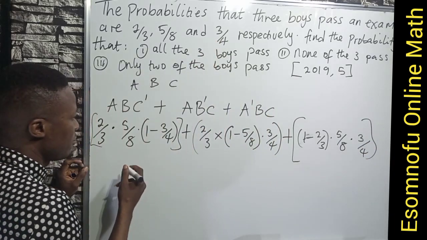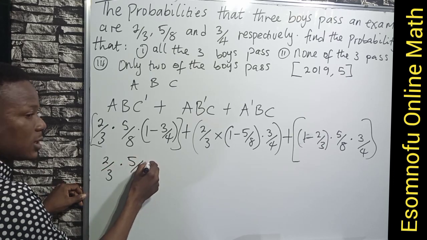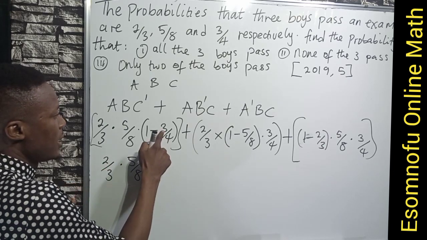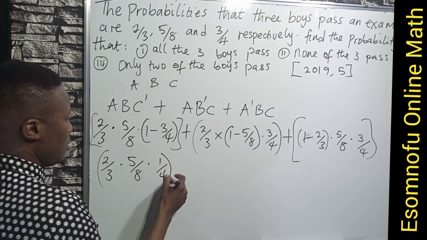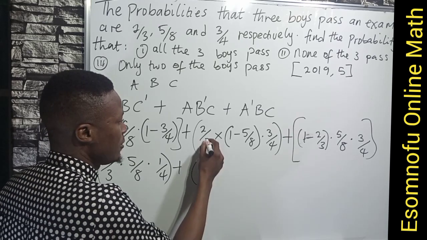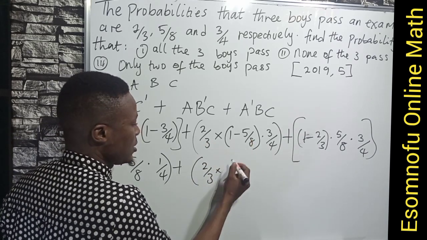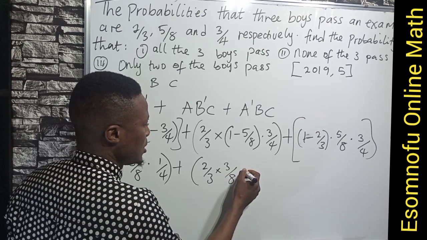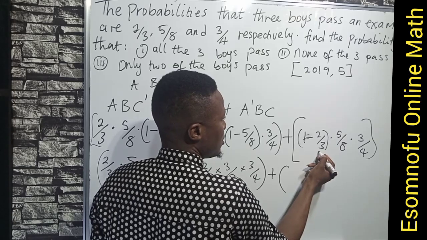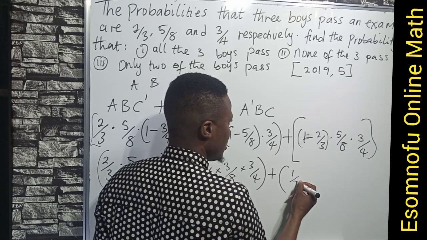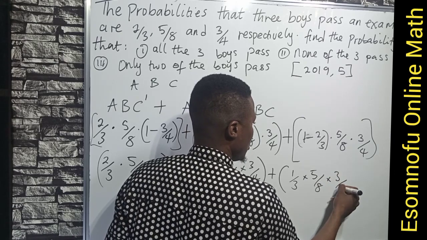So from there you have 2 over 3 times 5 over 8 times 4 minus 3 is 1 all over 4, or you have 2 over 3 times 8 minus 5 is 3 over 8 times 3 over 4, or 3 minus 2 is 1 over 3 times 5 over 8 times 3 all over 4.